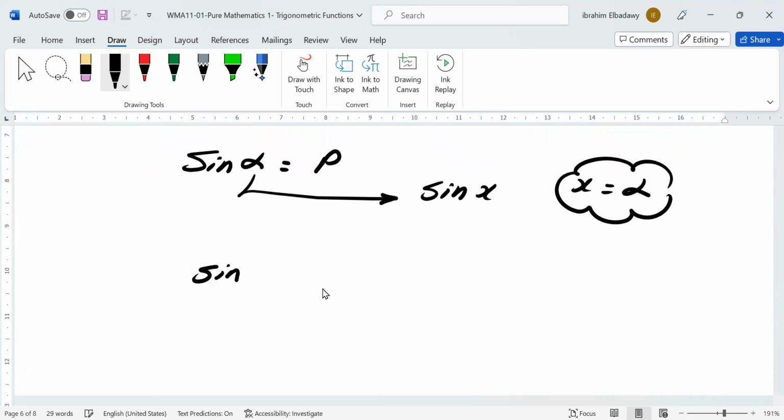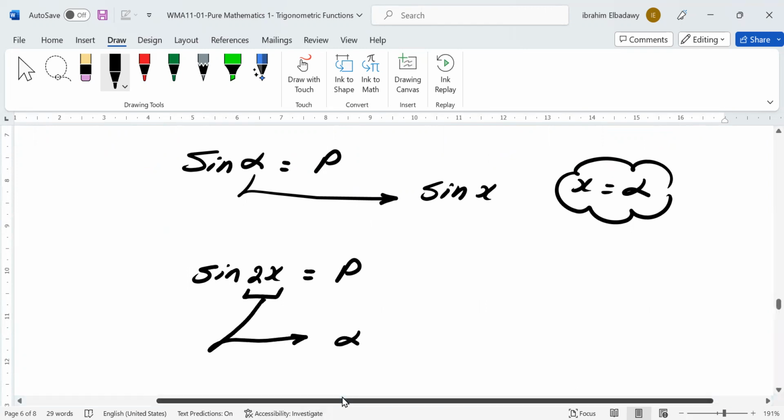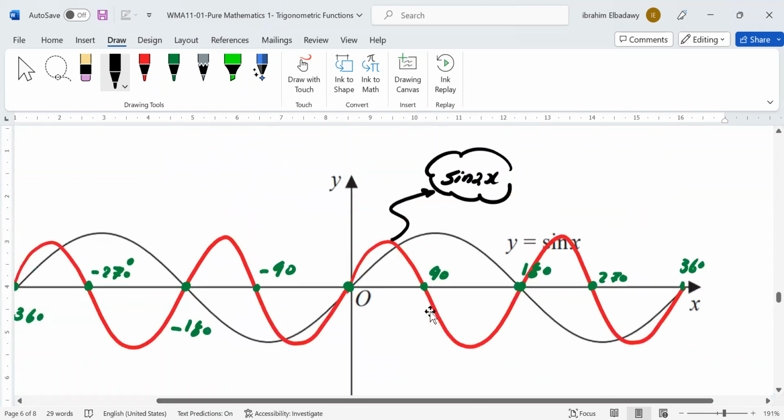He writes sine 2x equals b. So instead of alpha, he writes 2x. So this 2x equals alpha. Okay, so you cannot write like that. We need to get the value of b for the new one, the new case, which is the red color here.